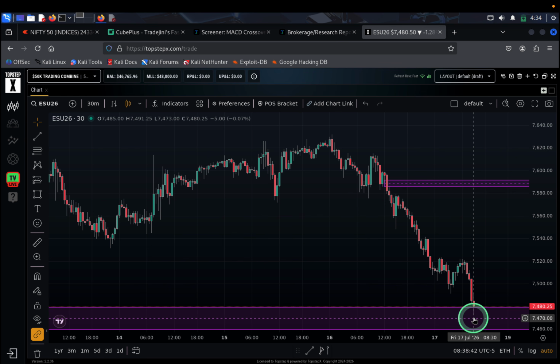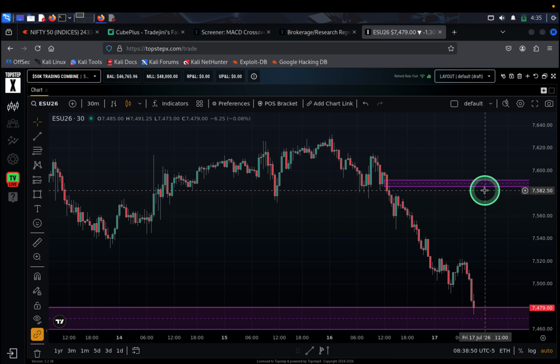If price doesn't cross below the middle line of this daily fair value gap, it will go above this level, because fair value gaps are inefficiencies, and inefficiencies act as a magnet. They attract the price towards them.